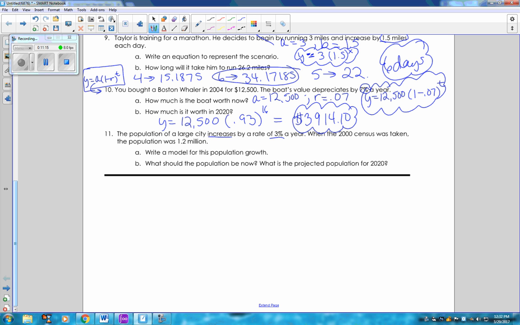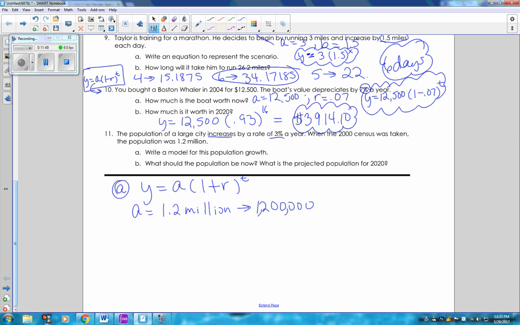So for A, your growth model is that. And your initial amount is the population of 1.2 million. Now 1.2 million is the same as 1,200,000.